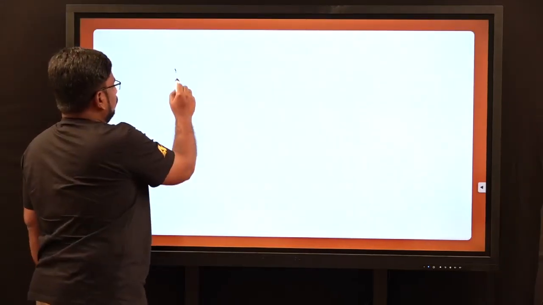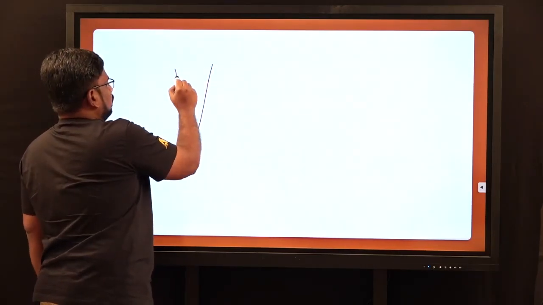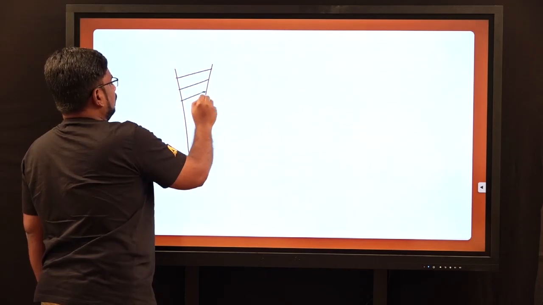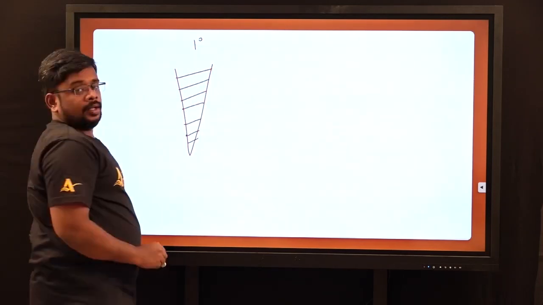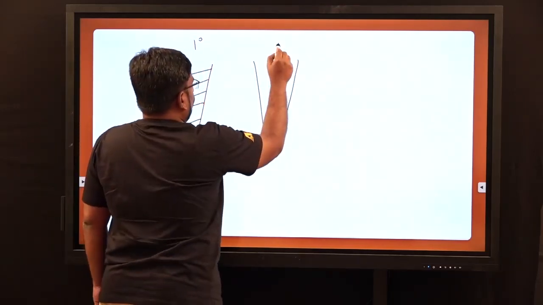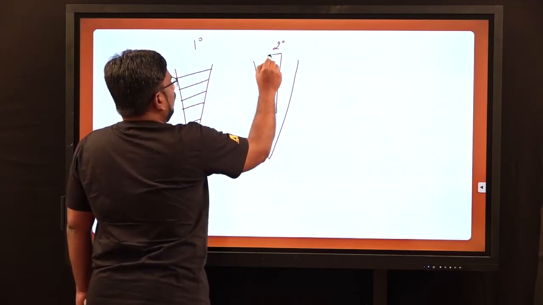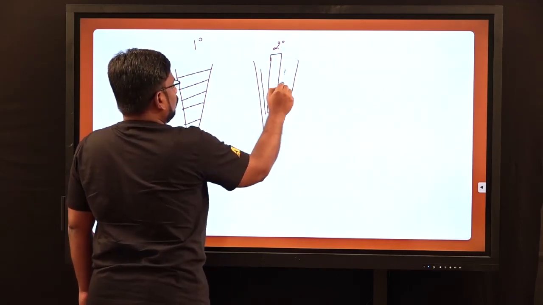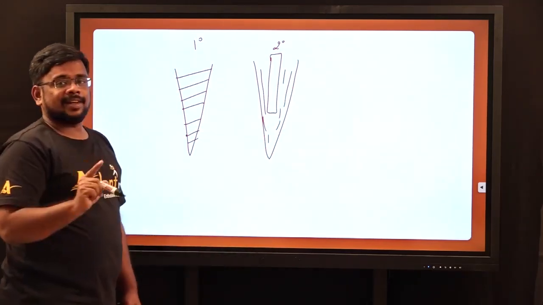In case you do a root canal treatment and do the obturation with a single material, this is called primary monoblock. In case of secondary monoblock, you have a core material, and along with the core material you apply some sealer. This is called the secondary monoblock concept.